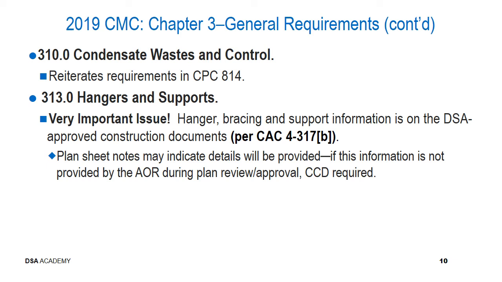If there is a situation where this information is not provided on the plans and subsequent plan sheets or details are provided by the design team, since these particular components deal specifically with the structural concerns associated with the mechanical equipment, these subsequently provided details are going to be required to be reviewed and approved by DSA plan review staff or DSA staff in general prior to implementing those particular hanger or support configurations on the project.